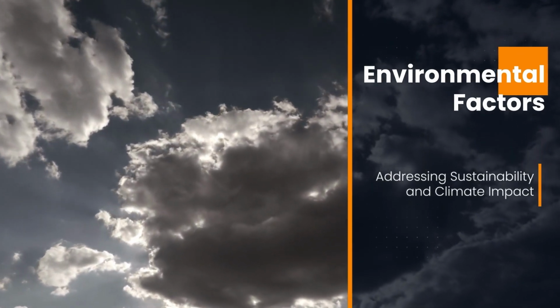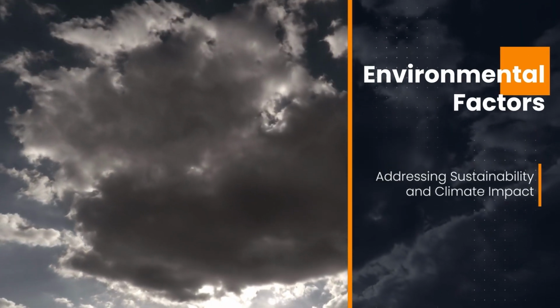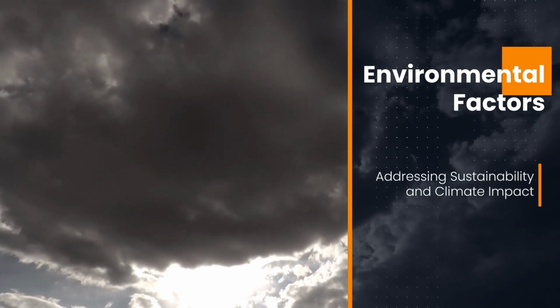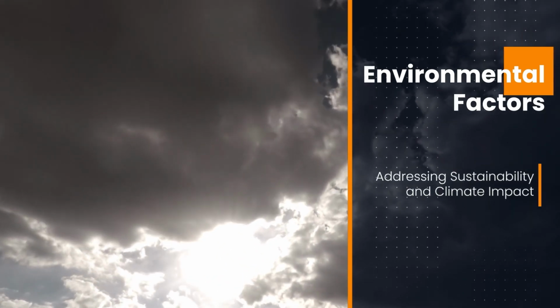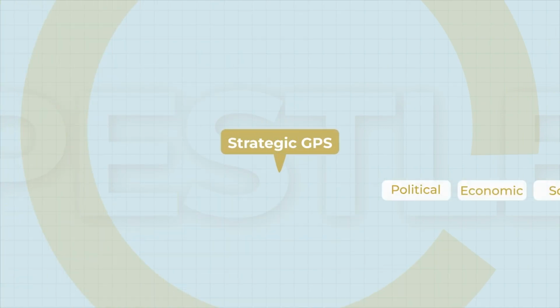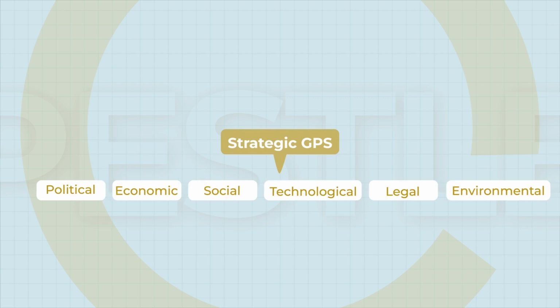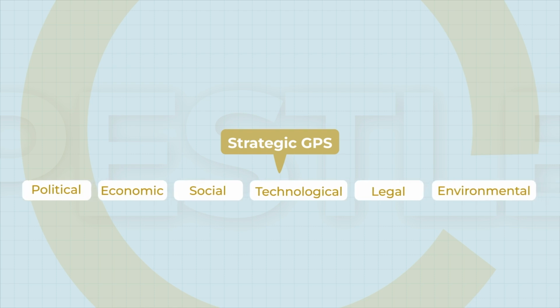This holistic lens not only highlights potential challenges and opportunities, but also equips you to anticipate shifts in the broader landscape. Think of it as having a strategic GPS that navigates you through the ever-changing external factors, ensuring your program remains both resilient and adaptive.